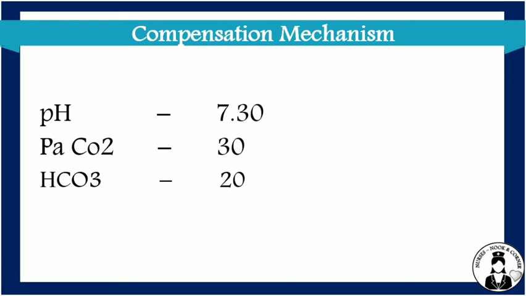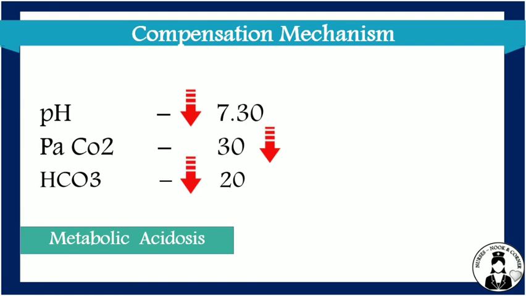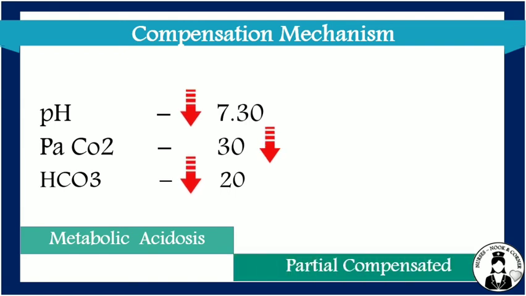Next, HCO3 is decreased, so it is a metabolic condition, so it is metabolic acidosis. But why here PaCO2 is also being decreased? It is to compensate the pH, but it has not achieved compensation, hence it is metabolic acidosis with partial compensation.